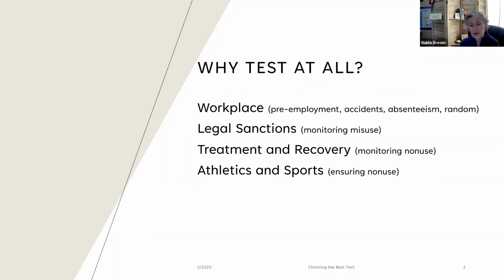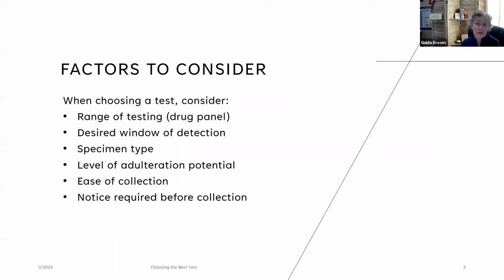And I understand that we're not dealing with medications necessarily when we're monitoring for treatment and recovery. But the fact remains, if we believe it's a disease, there should be no gotcha in there. And unfortunately, that urine test is very often a gotcha because of the amount of time it can determine somebody's been using. So those are the things that we need to consider.